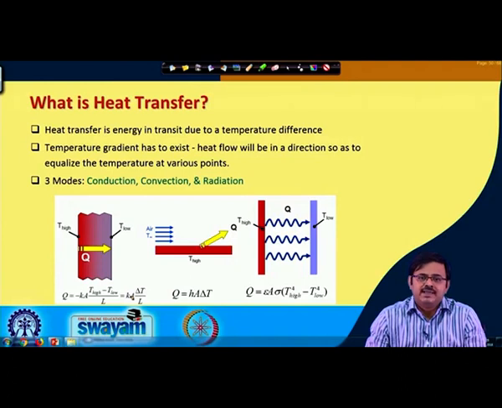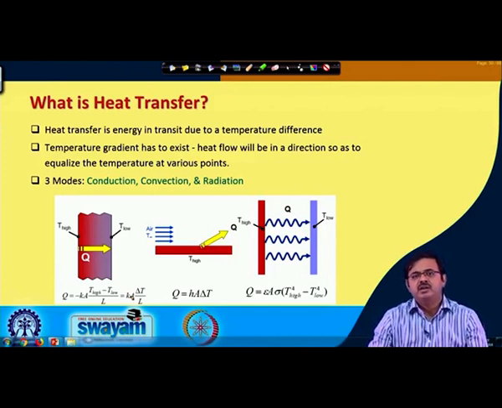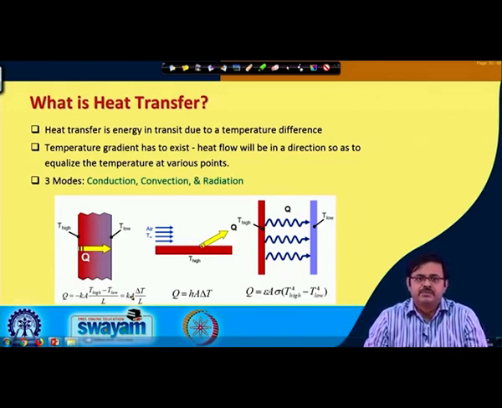Now, let me also say that conduction also happens in a liquid or a gas, and the same expression holds good there as well. However, there may be other modes that may become predominant. All right, so this is conduction heat transfer.